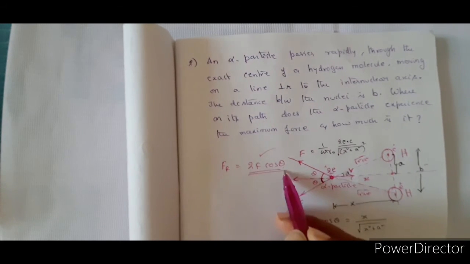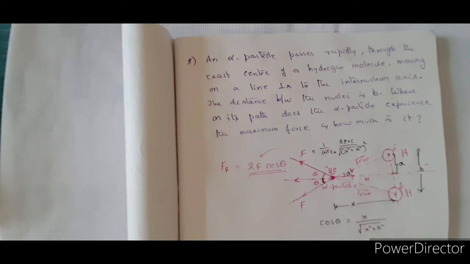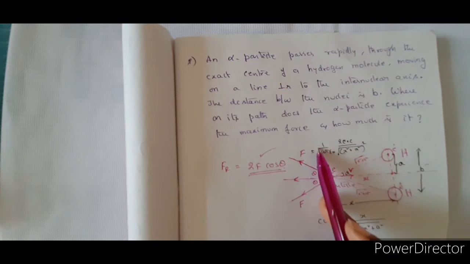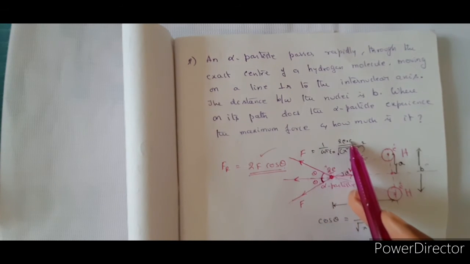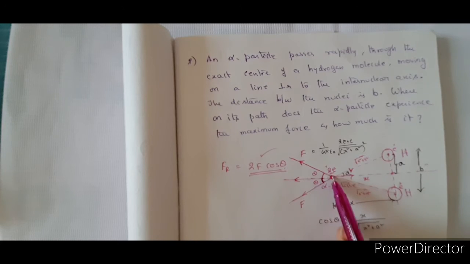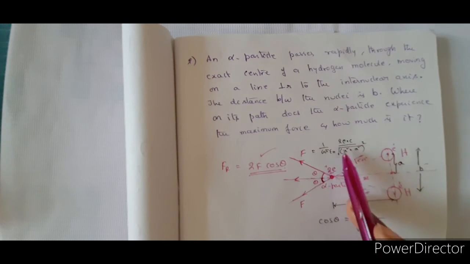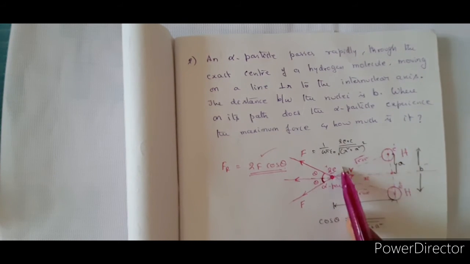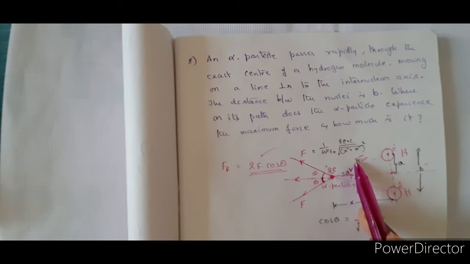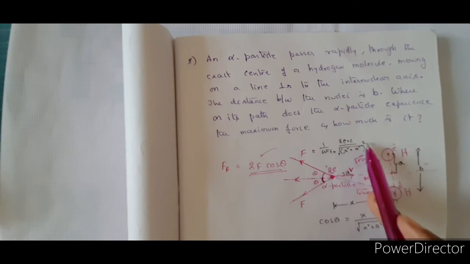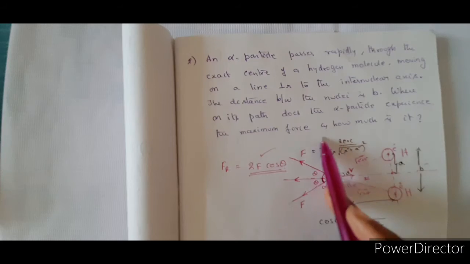So I got here 2F cos theta. Clear till now? No doubt here. Now what is the magnitude of the force? 1 by 4 pi epsilon naught into Q1 into Q2, Q1 being 2e and Q2 being e, by distance square, which is root of X square plus A square whole square. So this is the magnitude of the force.